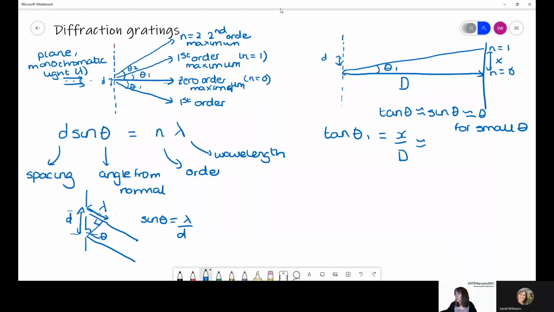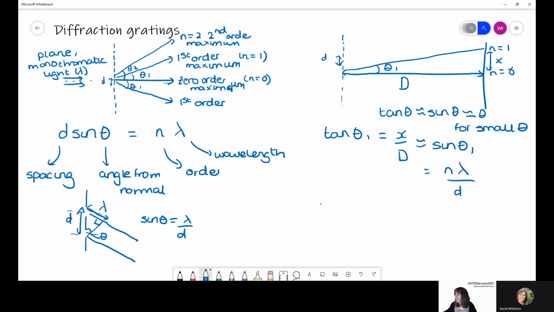So this means that x over D is approximately equal to sine theta 1. And we can then use our formula, so sine theta 1 is going to be n lambda over little d.